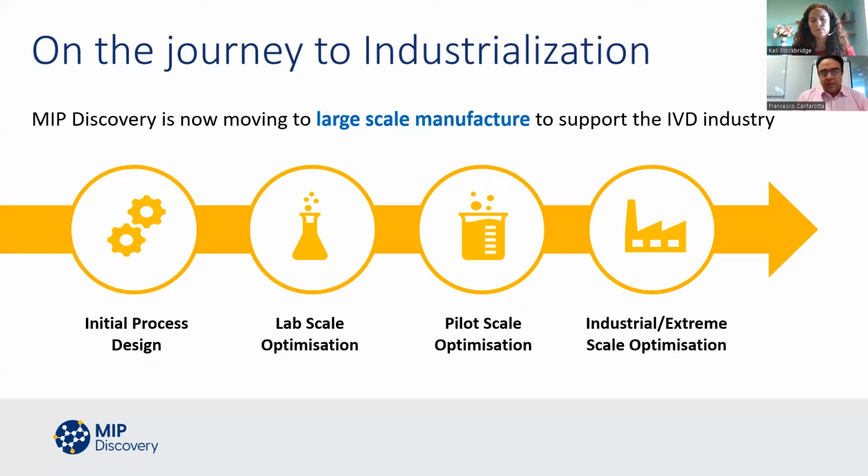Before I go on further, I'd just like to reiterate that we have a robust design control procedure in-house, which is in line with ISO 13485. The very first step in this journey, definitely for us, is the customer needs and specifications. During this phase, we look into the proof of concepts of different options or different MIPs that we could provide as a solution to our customer.